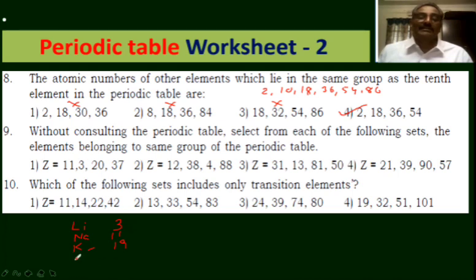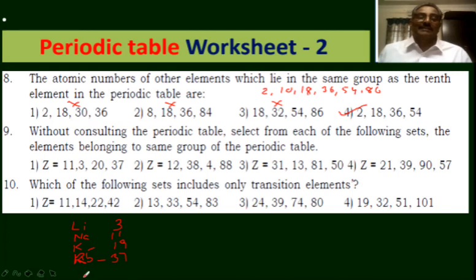Now, to get the atomic number of the next element, rubidium, we need to add 18. Two 8s are added, next 18 is to be added. 19 plus 18, 37. The atomic number of rubidium is 37.